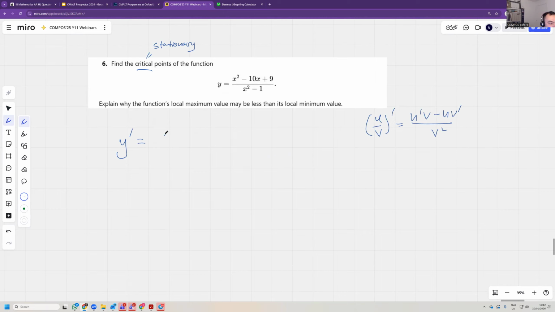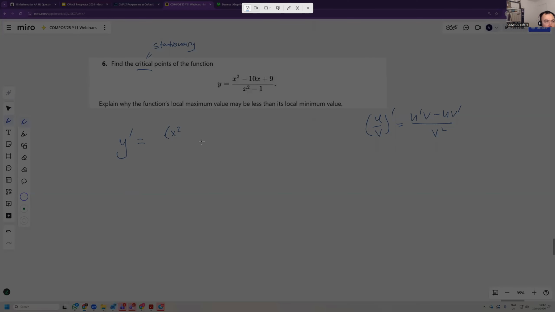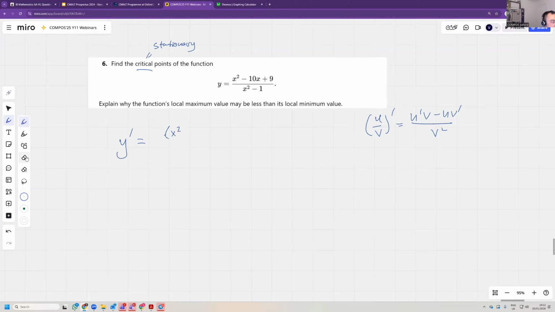So that's going to be 2x minus 10 multiplied by x squared minus 1 minus x squared minus 10x plus 9 times 2x, over x squared minus 1 squared.